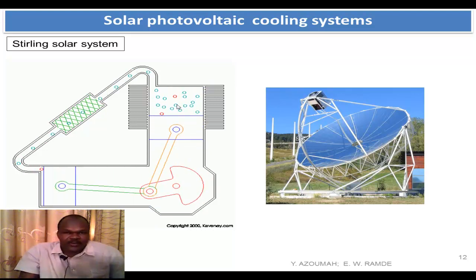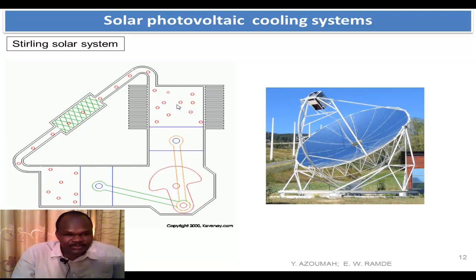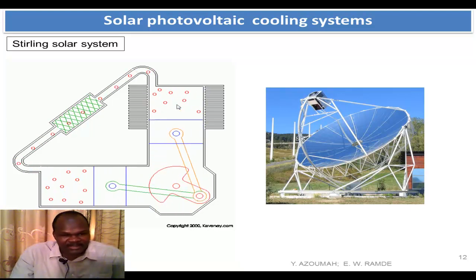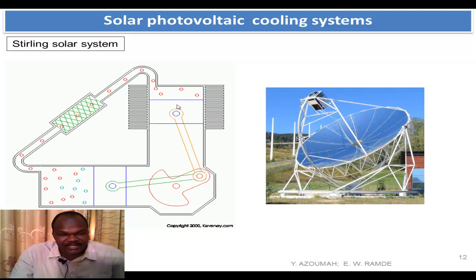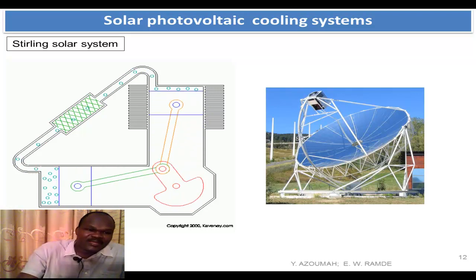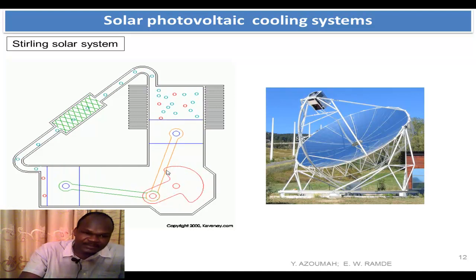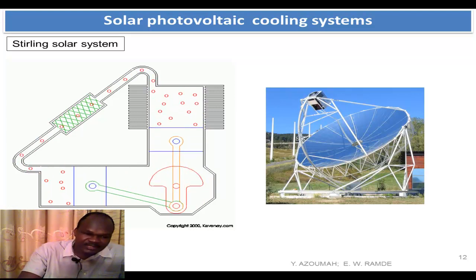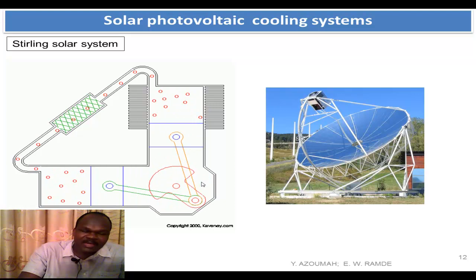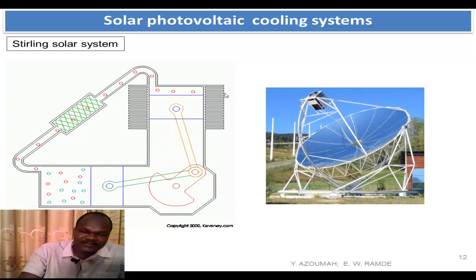So remember that the heat engines that we showed can be reversed, and when it is reversed, it is a refrigerator. So the Stirling engine is a heat engine. It takes heat and provides some mechanical work while rejecting the rest of the heat.